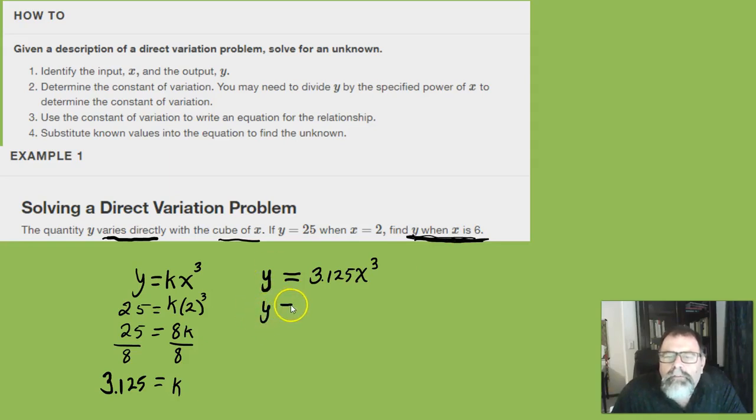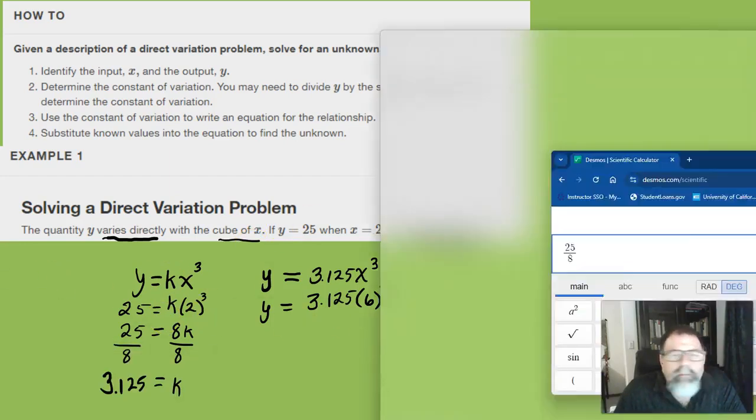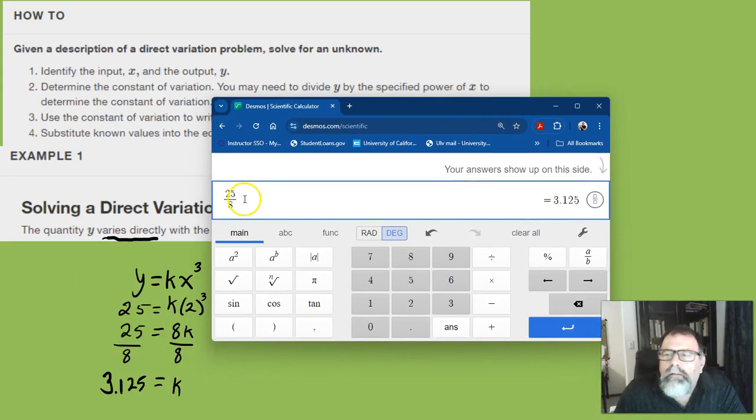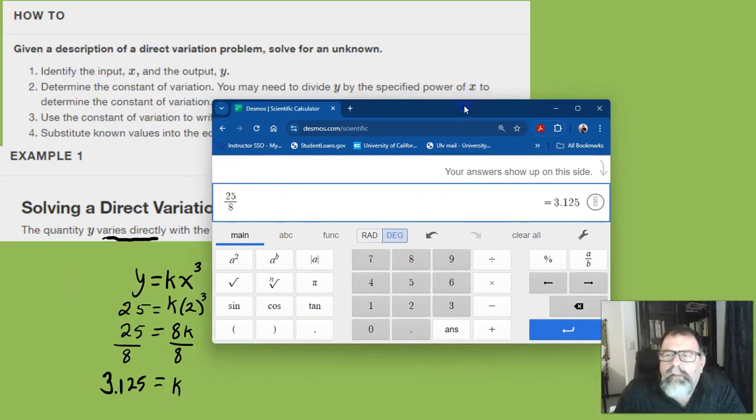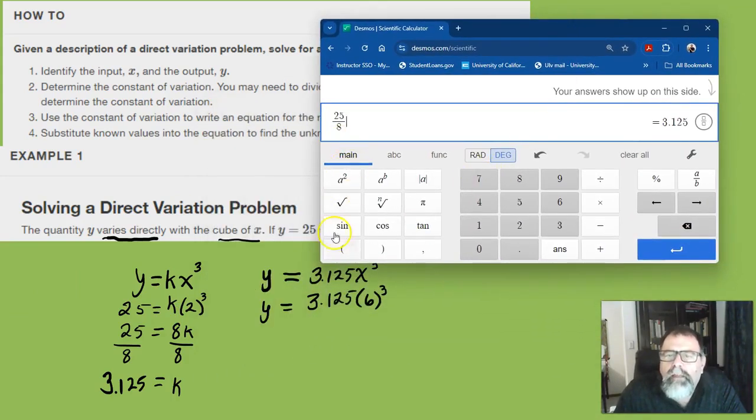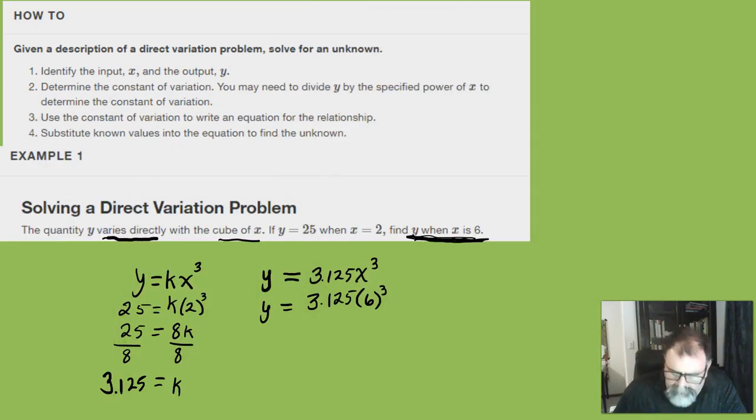We just plug in the 6 for x and type that into the calculator: 25/8 times 6 cubed. I get 675. So y is 675 when x is 6.